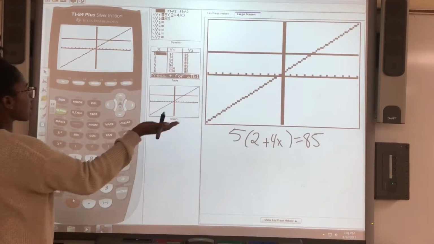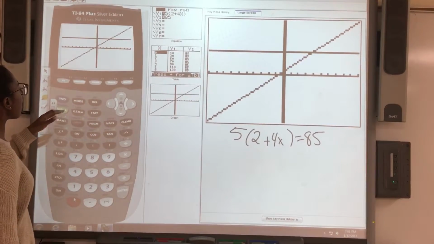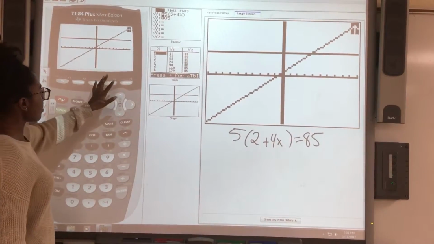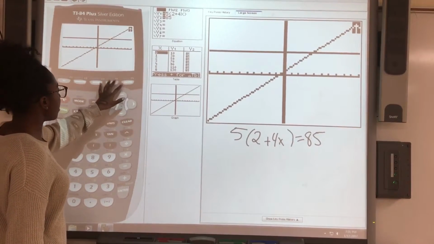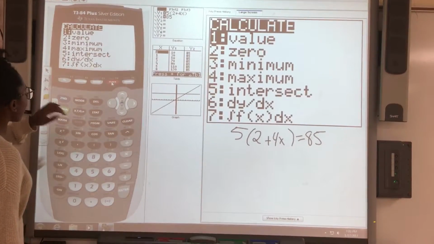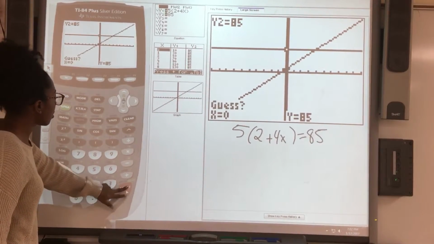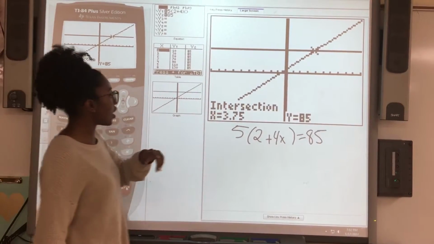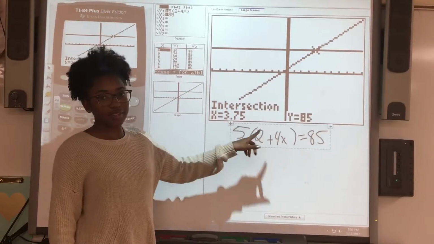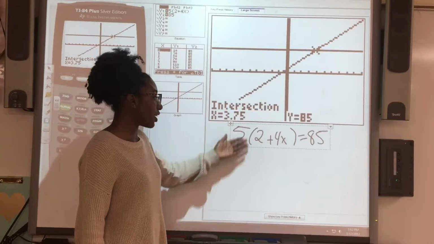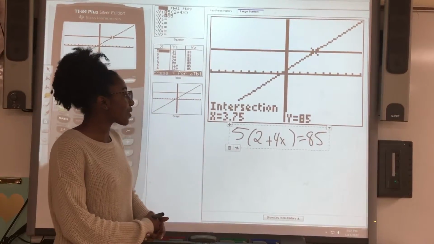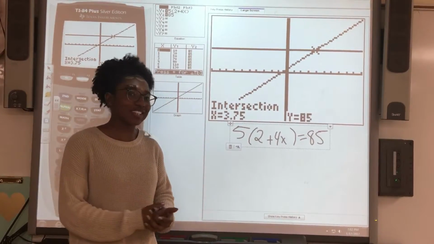It chose correctly, you can see both graphs, and then you do second, calc, and intersect again, enter one more time, and you've got x equals 3.75. That's probably what you would have gotten if you did it by hand. So, easy way to check.